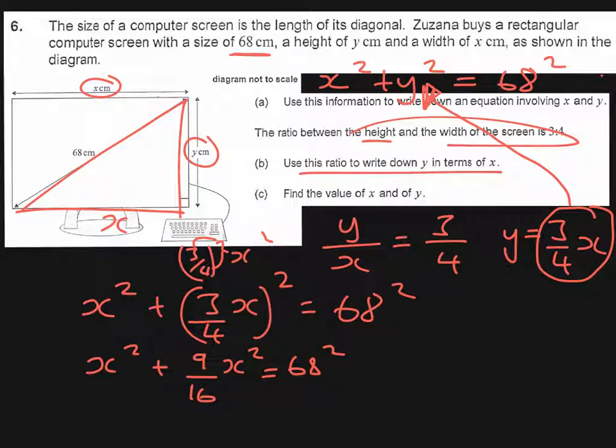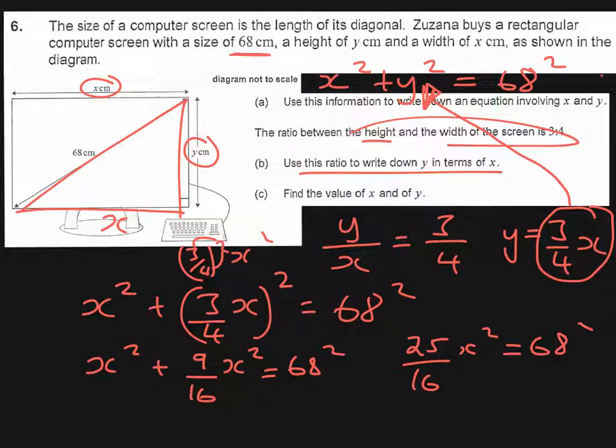So therefore that is going to be 25/16 x squared equals 68 squared, and from that we can therefore multiply 68 squared by 16 and divide by 25 to give us x squared.